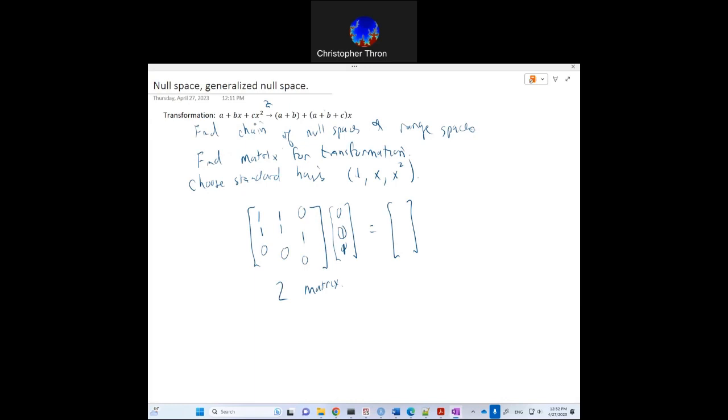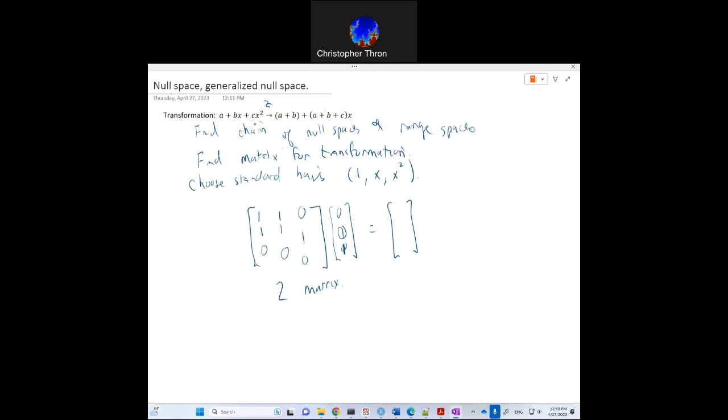So the range space of the transformation corresponds to the range of this matrix. The null space of the transformation corresponds to the null space of this matrix. And that's stuff that you've seen before. So if you're confident about what we learned in the first few weeks, then you should be able to do this as well.